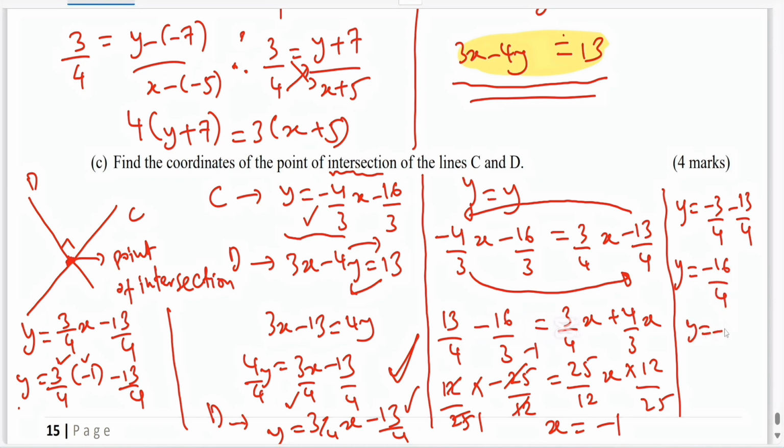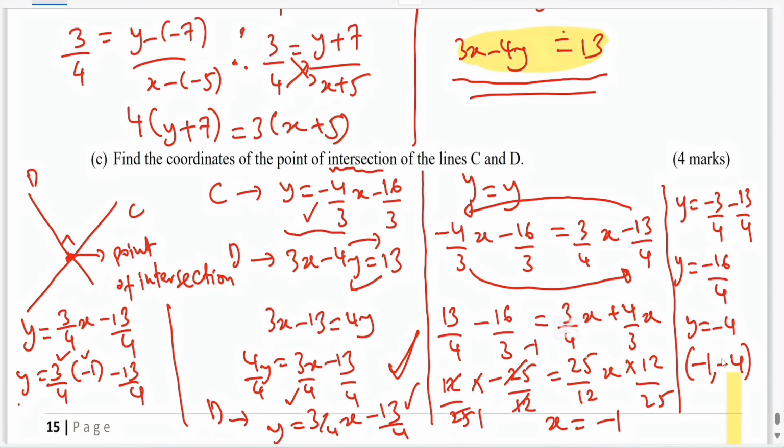So y is -4. So the coordinates are -1, -4. This is your final answer.